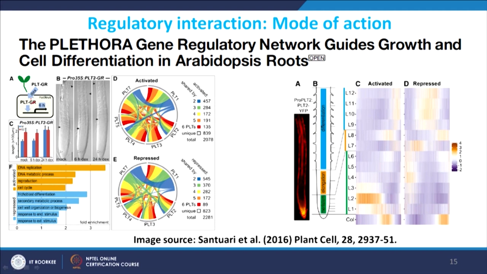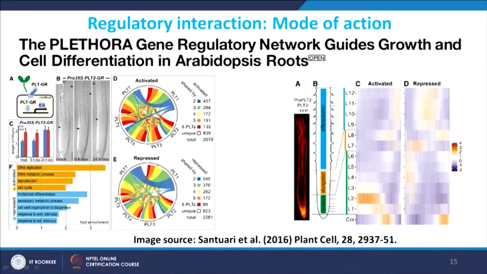If you recall one of the previous lectures, I discussed what the glucocorticoid receptor is. This way you can control the activity of your transcription factor by regulating its translocation from cytoplasm to nucleus, and then after induction you can perform microarray and identify which genes are getting induced or which genes are getting repressed.